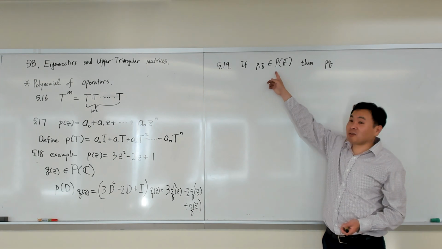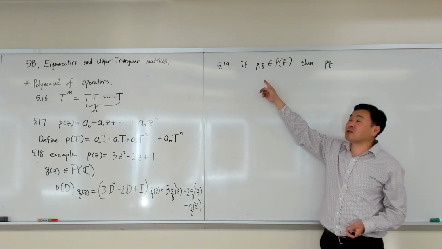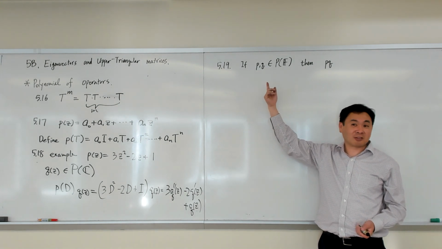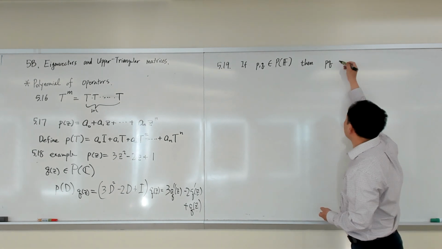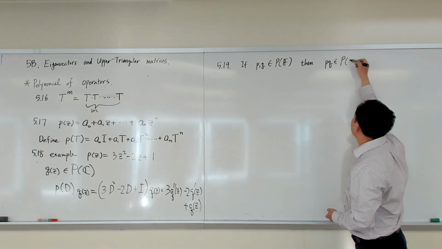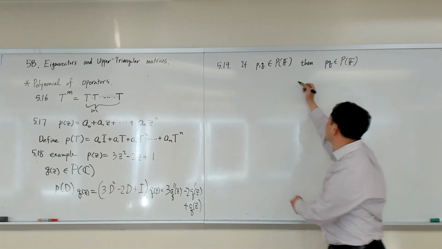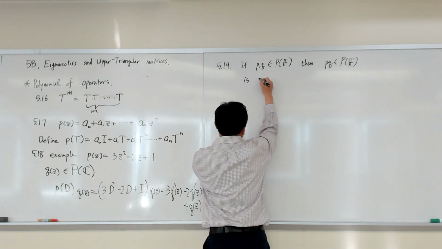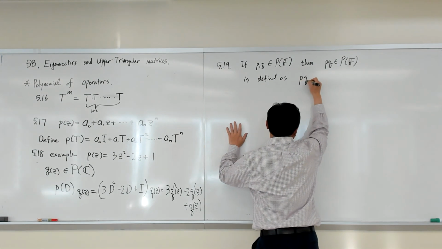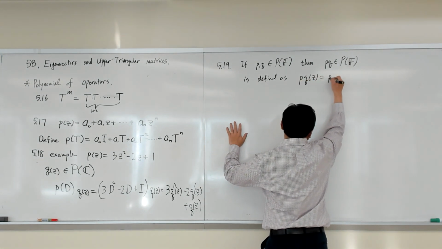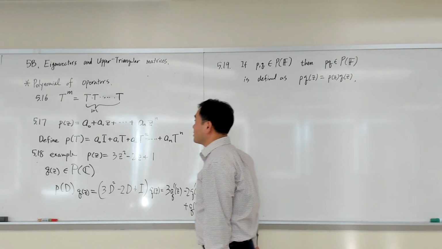This space is an infinite dimensional vector space, and it also has a product of two vectors that's commutative, right? And we define PQ, PQ of Z, as equal to P of Z times Q of Z.